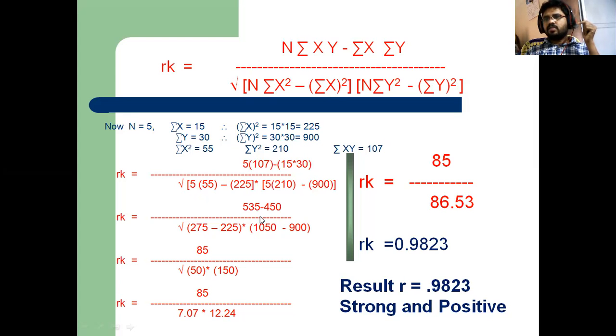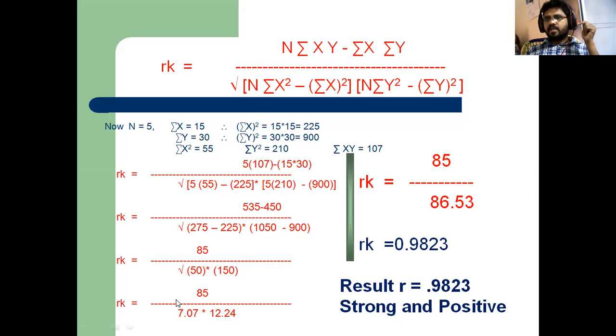The next RK: 535 minus 450, you get 85. Then under root 275 minus 225, you will get under root 50 into 1050 minus 900, 150.